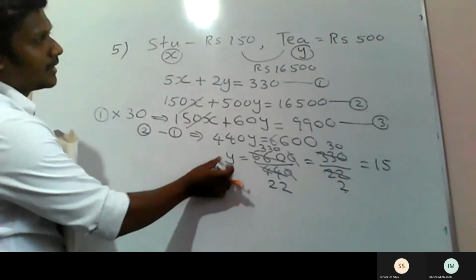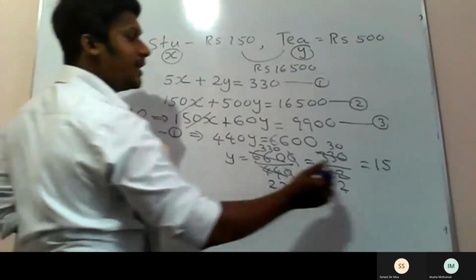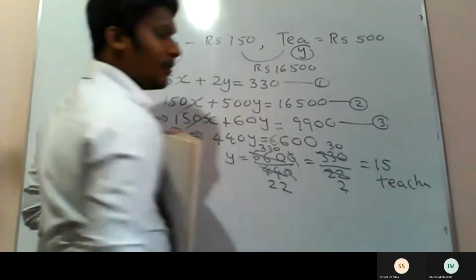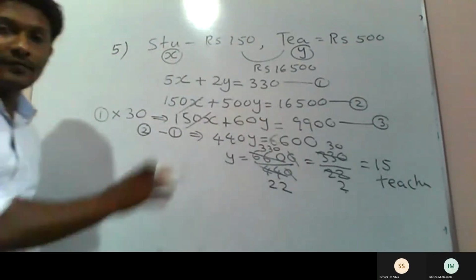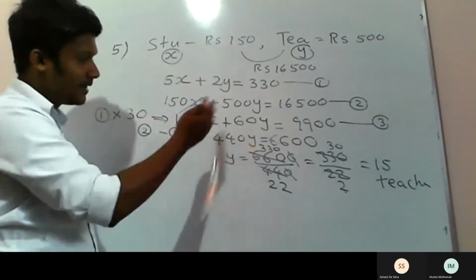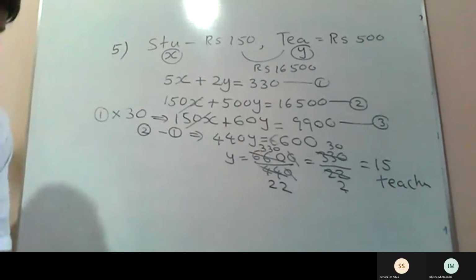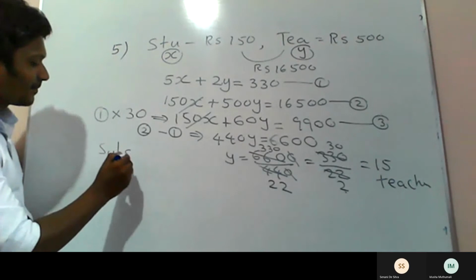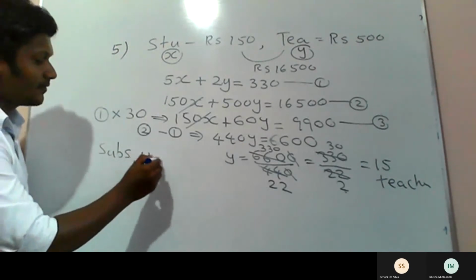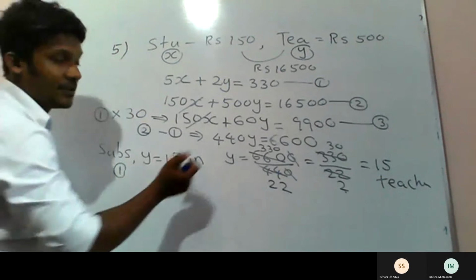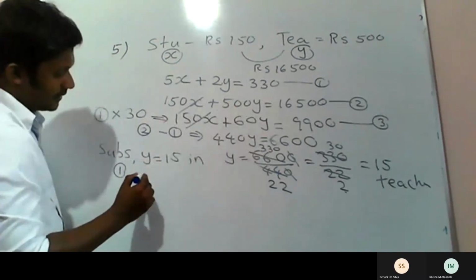Number of teachers, 15 teachers. And we can find x by substituting. Substitute y equals 15 in equation 1.